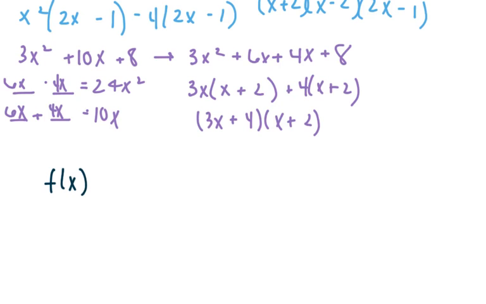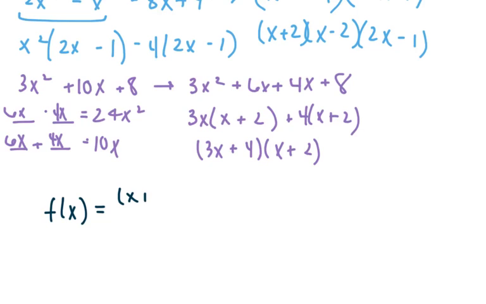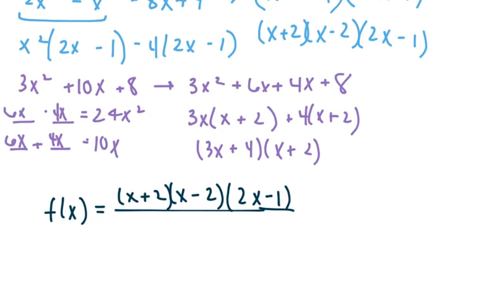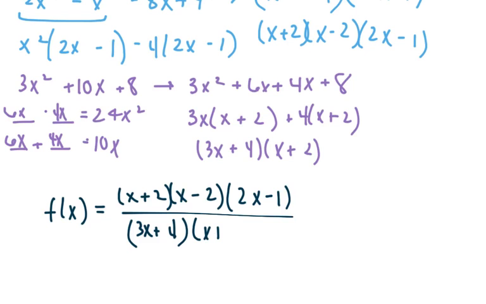So f of x equals x plus 2 times x minus 1. I don't know why I said minus 1. It's definitely supposed to be minus 2. 2x minus 1 all over 3x plus 4 times x plus 2.